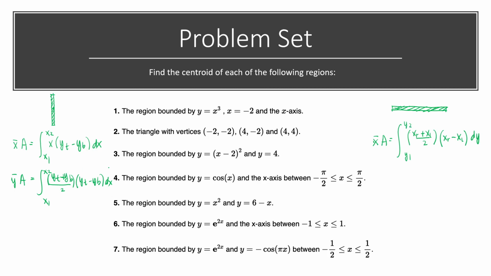So notice if you compare both bar x, it's the opposite of the other one, right? And then bar y is y only, right? So for the horizontal strip, this one is x right minus x left dy, and this is y1 to y2. So that's the summary of the formula.